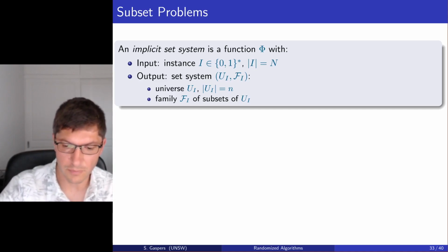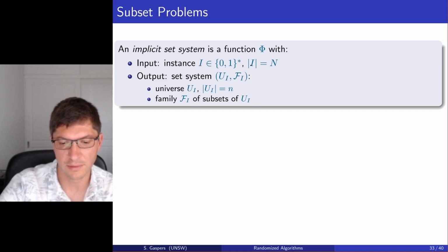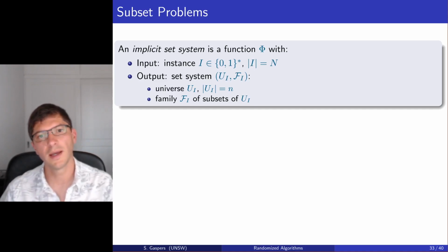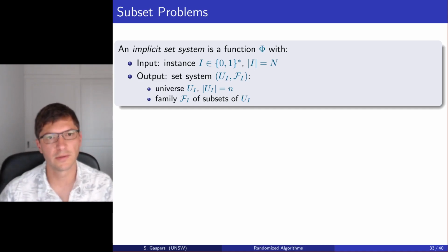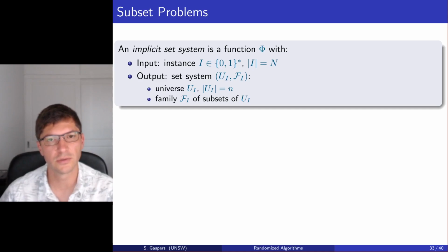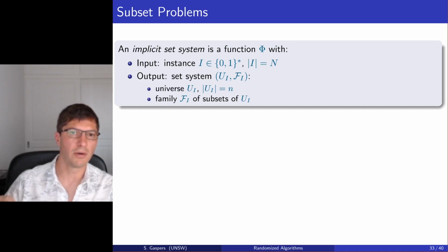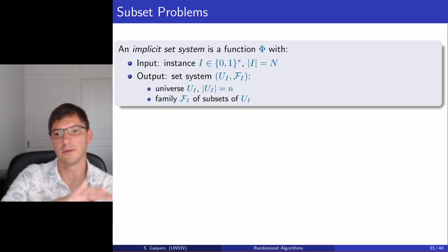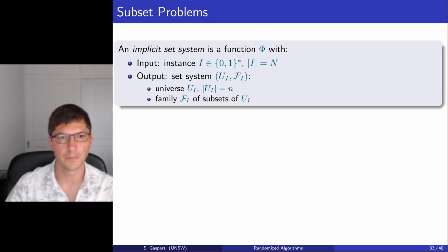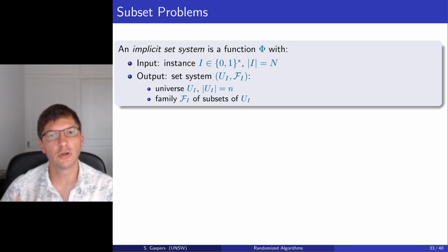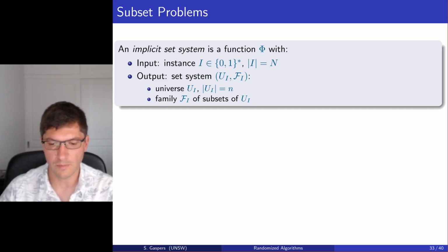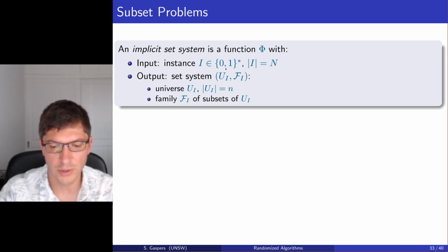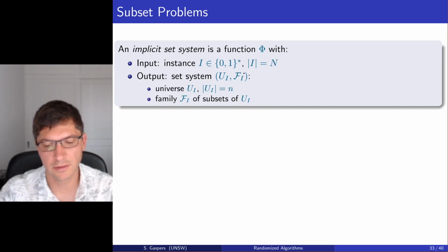So the input to the function is an instance I, and we just say that the size of I is equal to capital N. This could be our input to the problem, such as a graph and an integer k. Now, the output is a set system consisting of a universe and a family of subsets of the universe.